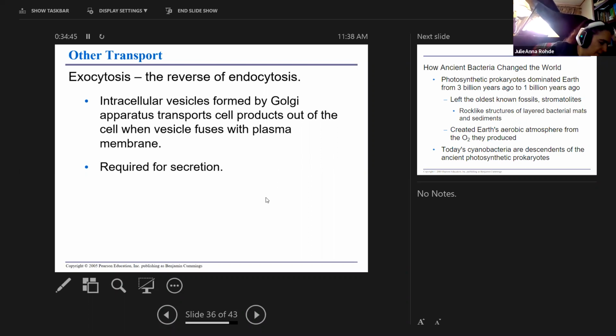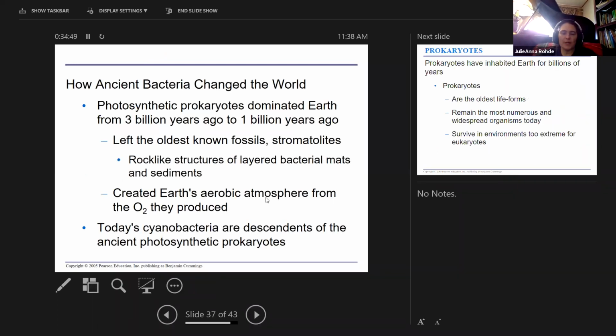Okay, a little bit of change on topic then, still in the same presentation though, but I'm switching over to bacteria here. We're going to start talking about prokaryotes. So to refer back to chapter 1, where we had our taxonomy classification, we've got two different types of cells. We've got prokaryotic cells, we've got eukaryotic cells.